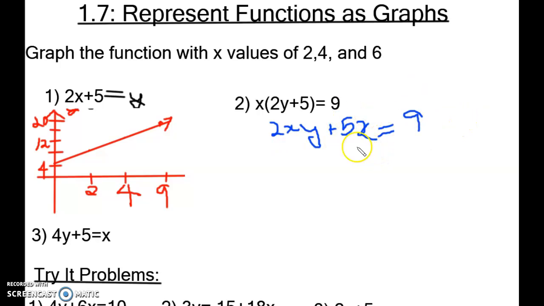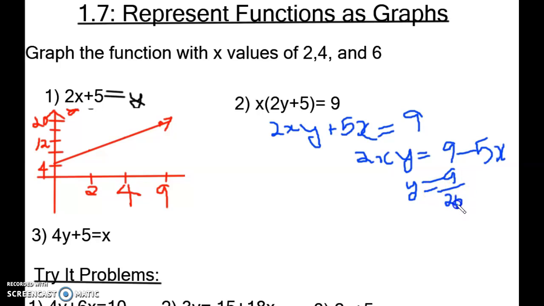Right, so you'd move the 5x to that side so that you get 2xy equal to 9 minus 5x, and you divide both sides by 2x, you get y is equal to 9 over 2x minus 5x over 2x, where the x's would just cancel out.